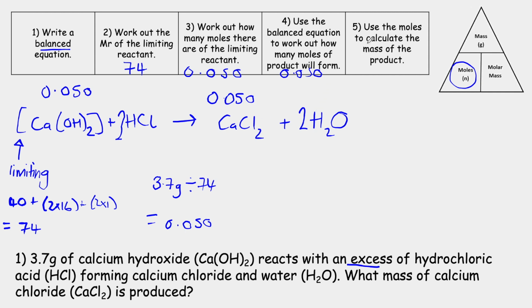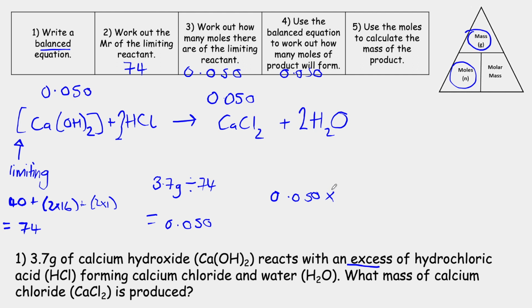Now the final step is to use the moles that we've just got here to calculate the mass. So this time we want the mass. A mass is moles times MR. So the final step is moles, 0.050, times the MR of the product we want, in this case calcium chloride.